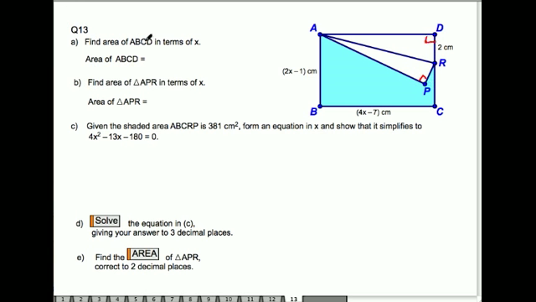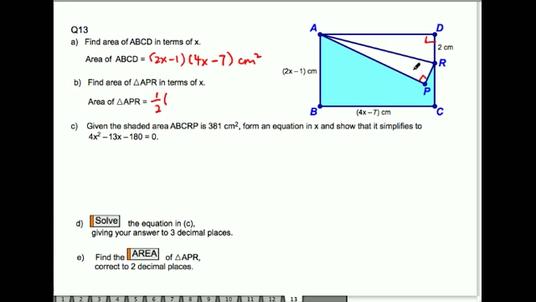First, we need to find the area of the rectangle, which is just length times breadth, or 2x minus 1 times 4x minus 7 cm squared.